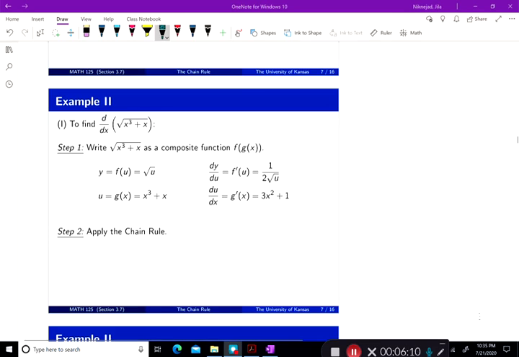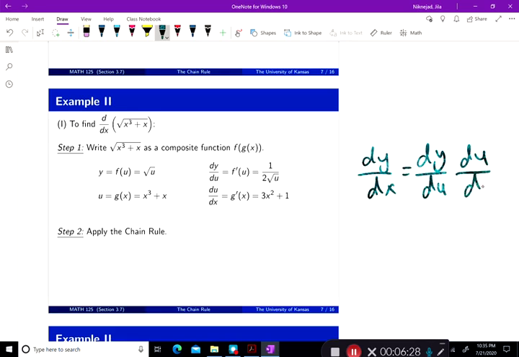So how you write it, write the chain rule, see the chain rule is dy dx is equal to dy du times du dx. So you found dy du, and then you found du dx, but dy du is in terms of u, and you want the end value to be in terms of x.